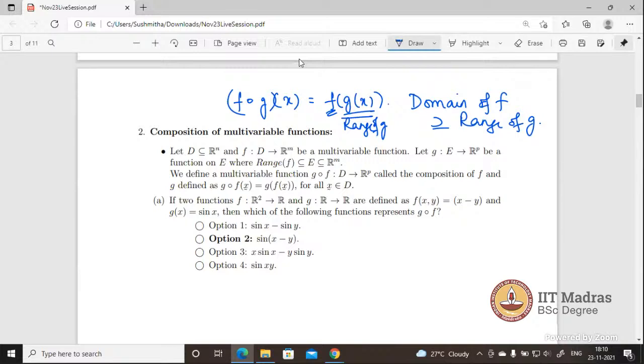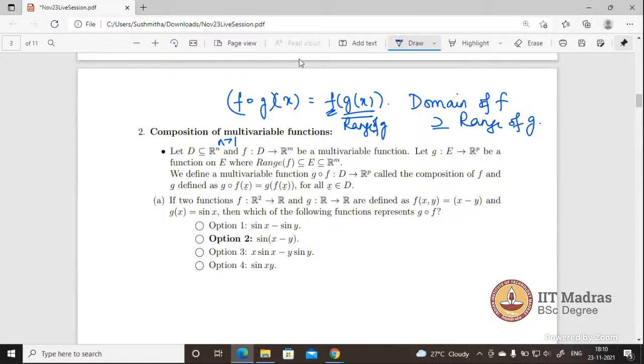So this is for F composite G. Here I think we'll do G composite F. So if I have D, which is a subset of Rn, and f from D to Rm, this is anyway a multivariable function when n is greater than 1, right? And it will be scalar valued if m is equal to 1.